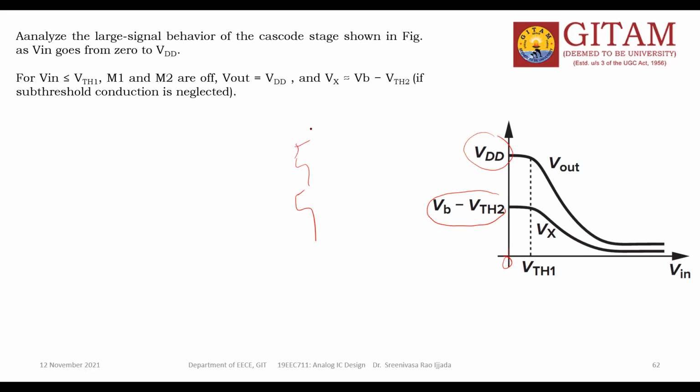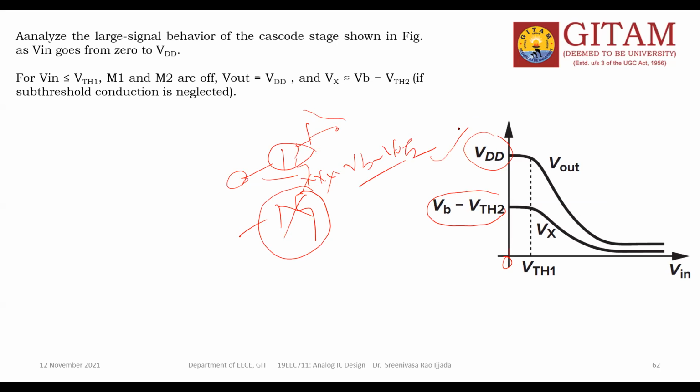M1 is off because its gate potential is insufficient to switch it on. So the output is nothing but the total VDD. And similarly, what is Vx? Because M1 is already off, your Vx is nothing but VB minus the threshold voltage of this device, VTH2.